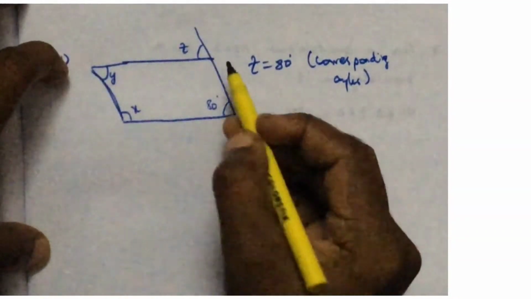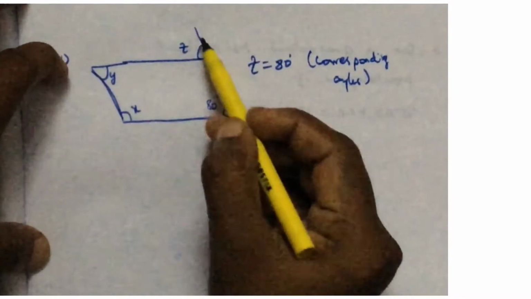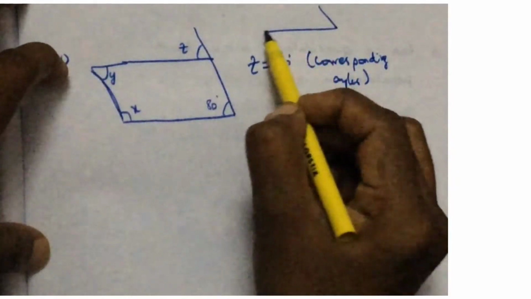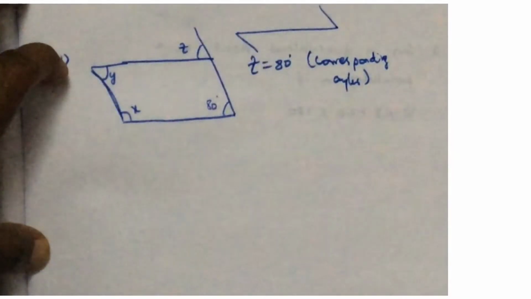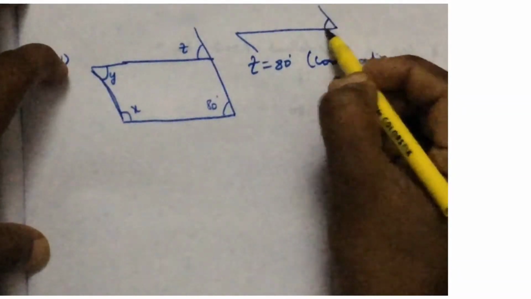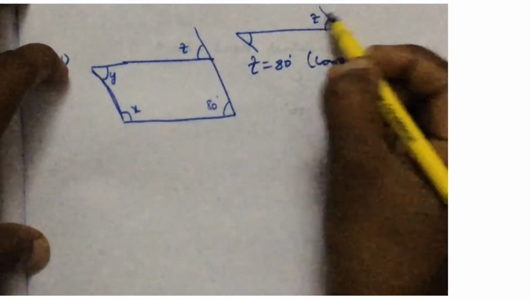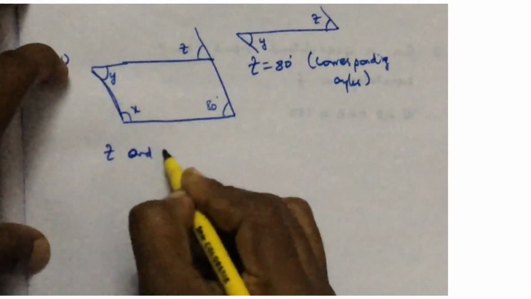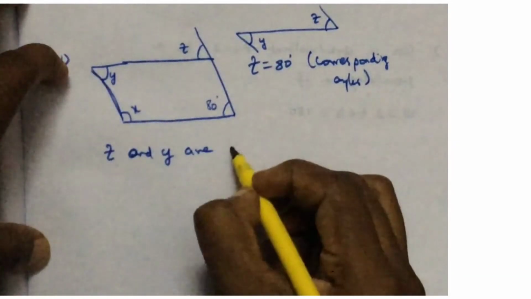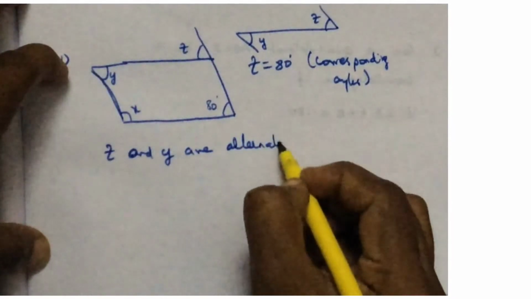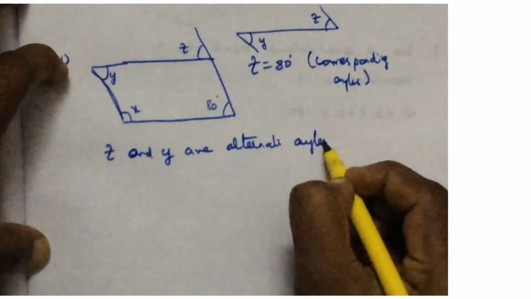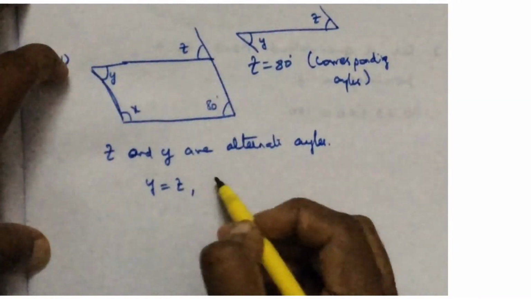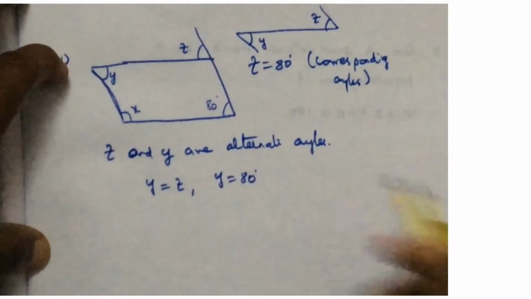If Z is 80, there is a line here, a line here, and there is a line here. So, this and this are alternate angles. This is Z and this is Y. Z and Y are alternate angles. So, angle Y should be equal to Z, which means Y equals 80 degrees.